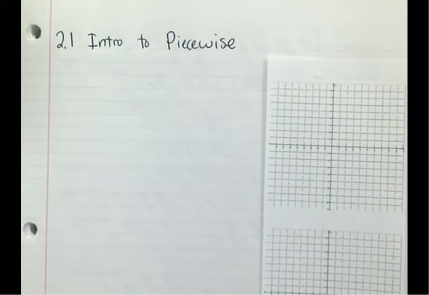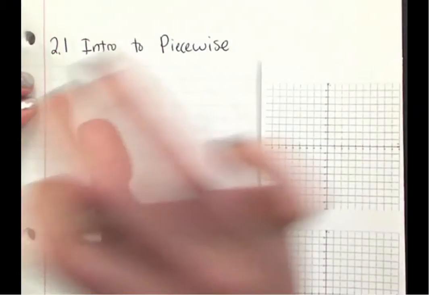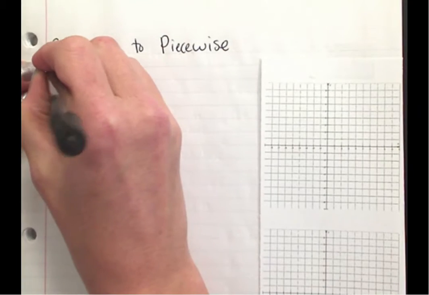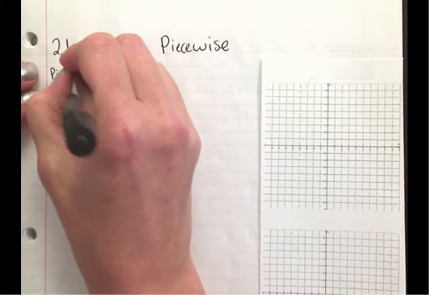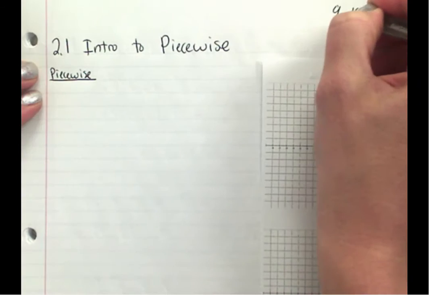Right, so I'm going to go ahead and start with a very brief definition. Okay, like short. So piecewise. Oh, today is the 18th.